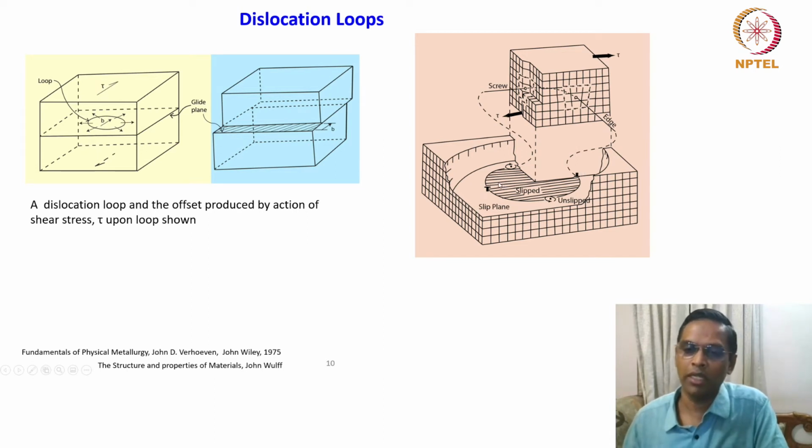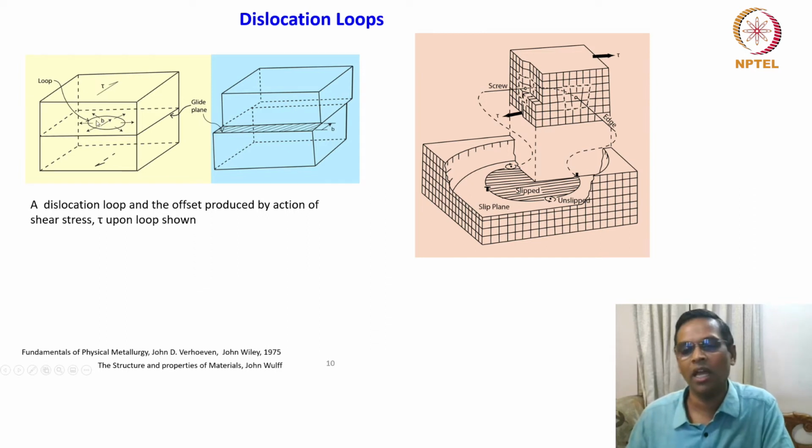That is one important character. So I just mentioned here, it's about whether it is a screw or edge with respect to B orientation. But within that edge dislocation, these opposite sides will have opposite signs. So this is positive edge dislocation, this is negative edge dislocation. Similarly, this is positive screw dislocation, this is negative screw dislocation.